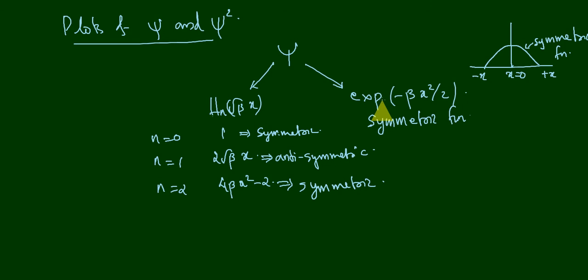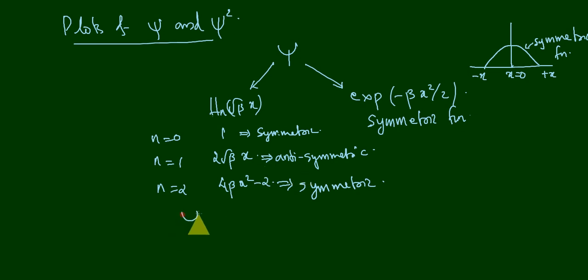Okay. So what we can understand from this is that this part of the psi is not going to affect the symmetry because it is already symmetric. And the factor which is going to affect the symmetry of the function is this part, that is the Hermite polynomial part. For n equal to 0 and n equal to 2, they are symmetric. And n equal to 1, n equal to 3, n equal to 5, etc., will be anti-symmetric. Okay.